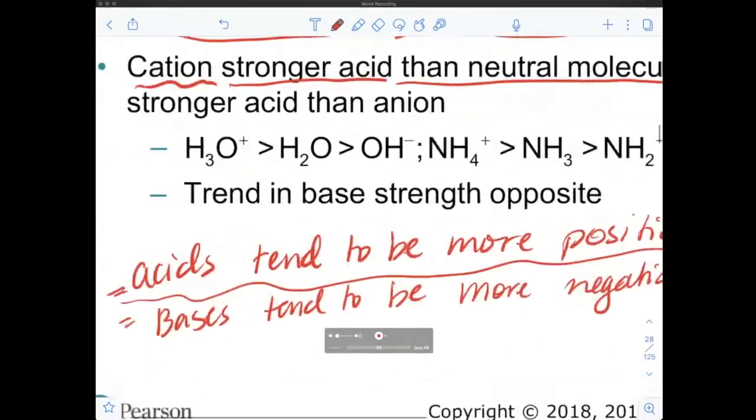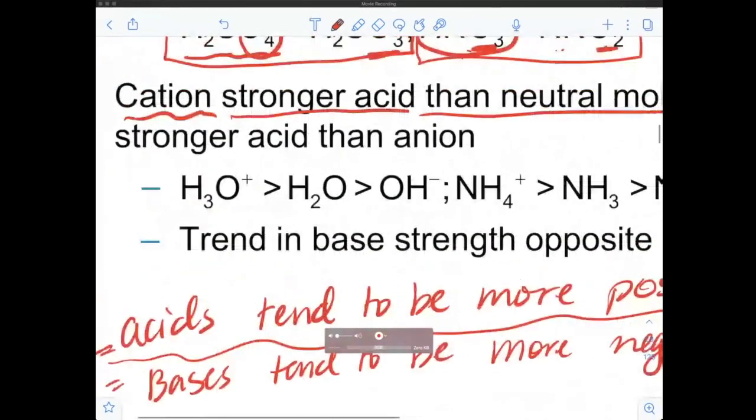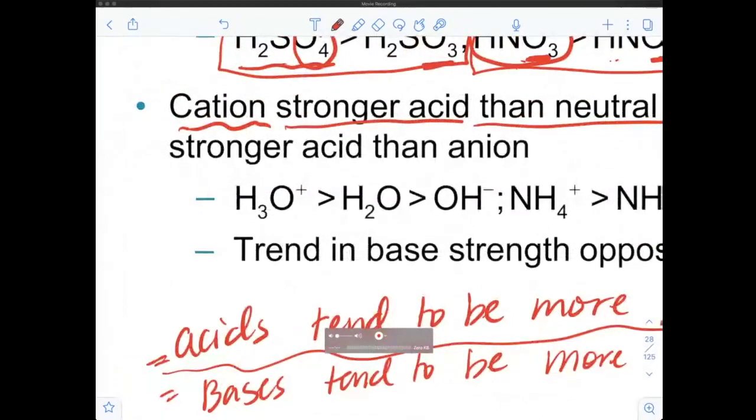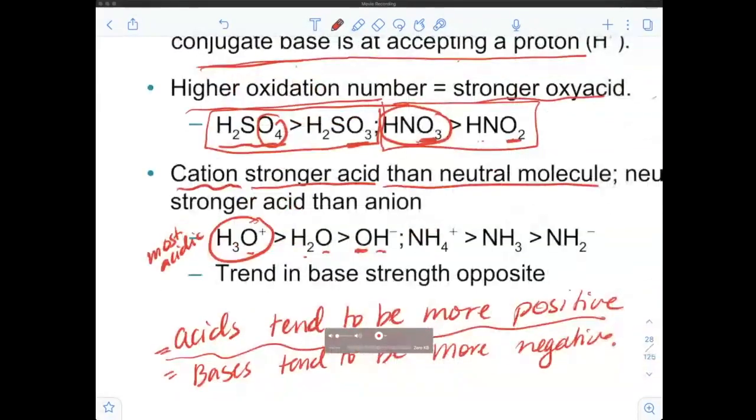I'm going to look at the hydrogens here, looking at what the oxygens are attached to. On the right, the oxygen is attached to one hydrogen. In the middle, two hydrogens. On the left, three hydrogens. Obviously, this is the most acidic, because the oxygen is attached to the most hydrogens. The other way to view this is that a more positive species makes an acid.